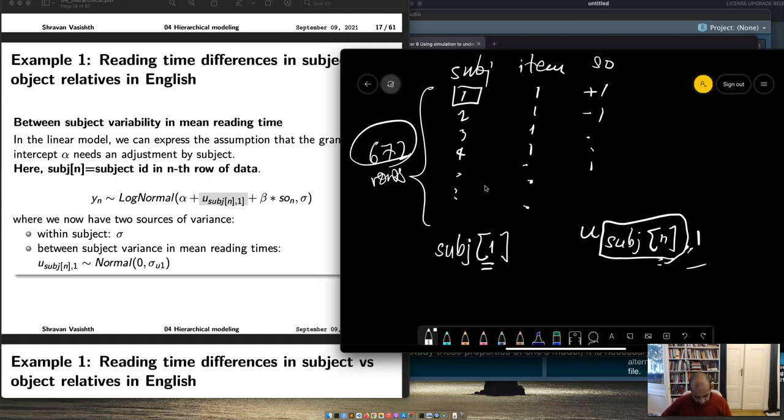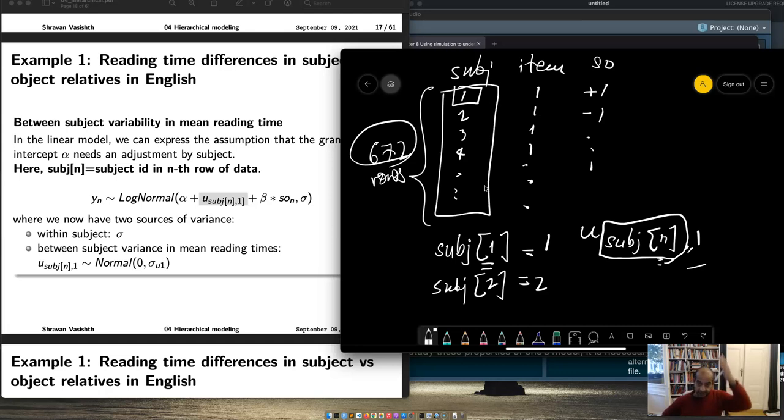If n were 2, then the subject ID in row 2 would be ID 2. In the first row it would be 1, and so on. This way you can look up the subject ID from the data frame.